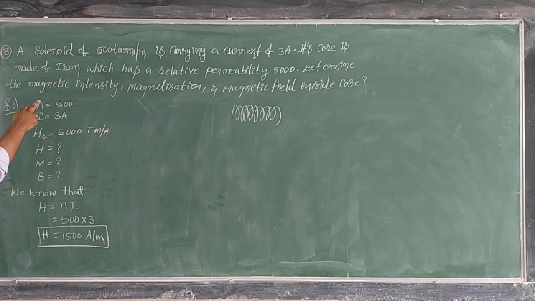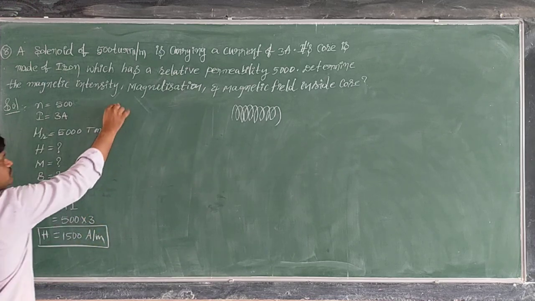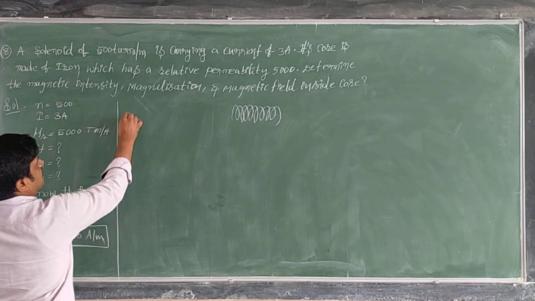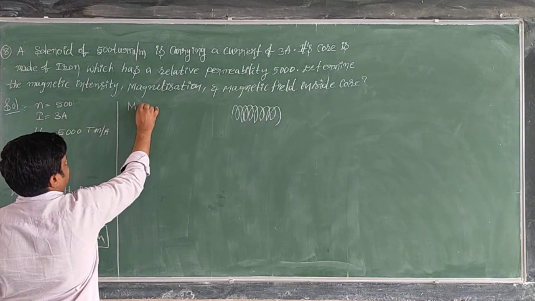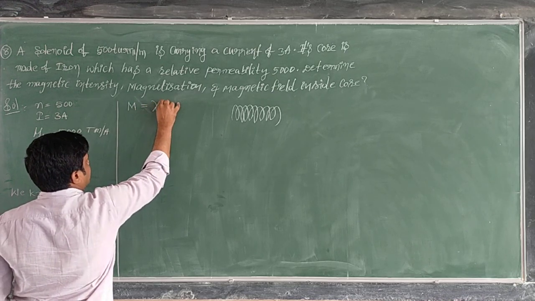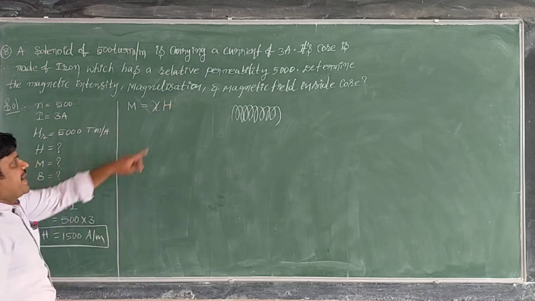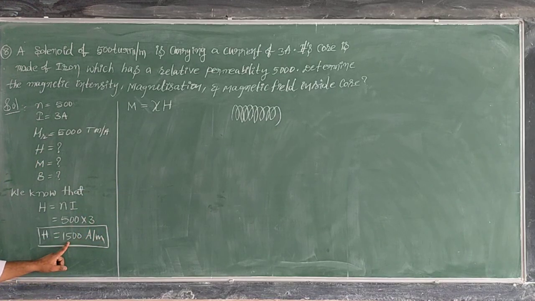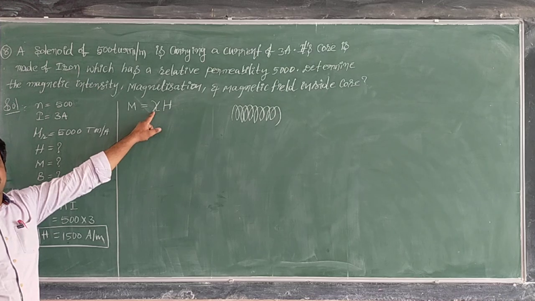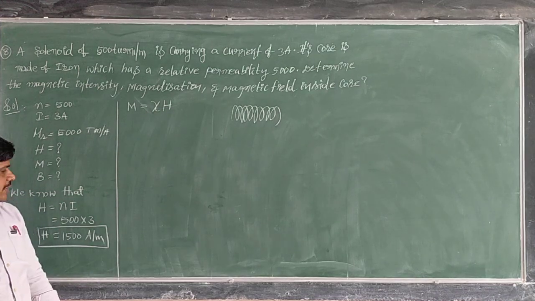Already I got magnetic intensity here. Next, magnetization I have to find. Magnetization is equal to magnetic susceptibility into H. H I got here. Next, chi is the magnetic susceptibility, its value we don't know.